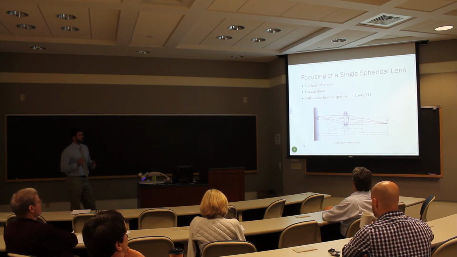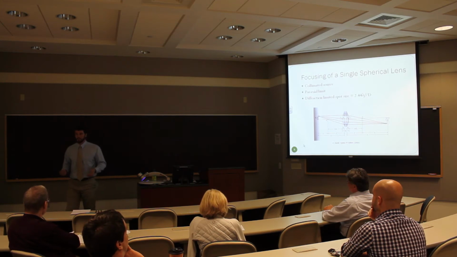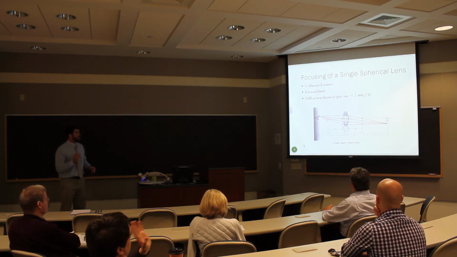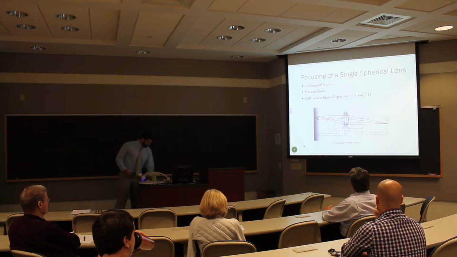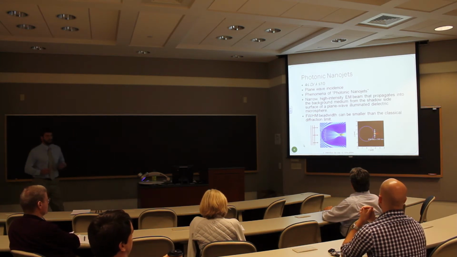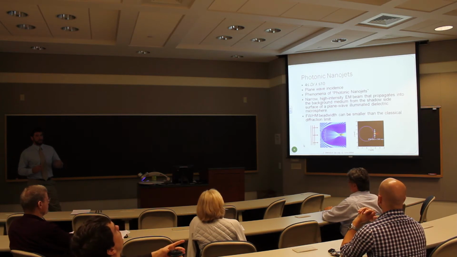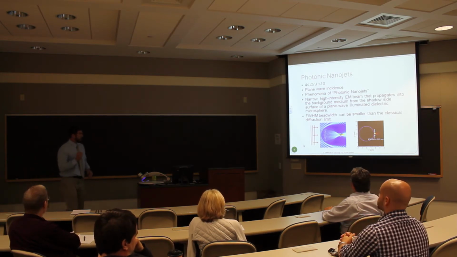Classically, focusing of a single spherical lens is well understood. In this work, I present spheres, which are just a special case of a thick lens. If you have a well-collimated source, you can get a diffraction-limited spot size. However, recently there has been some study of near-field phenomena that don't fit that classical model very well.